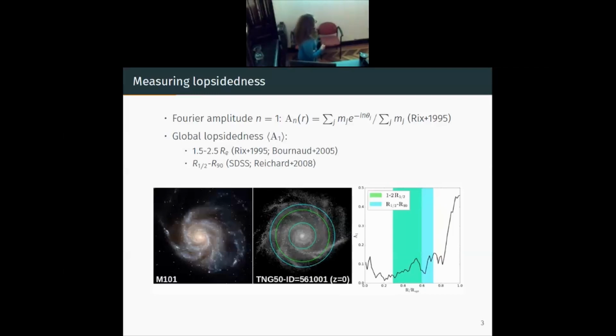But as we see, although R90 can capture the lopsided feature, having deep observations would be ideal in order to fully capture the extent of the lopsided feature, since it is stronger at larger radii, in the disk outskirts.